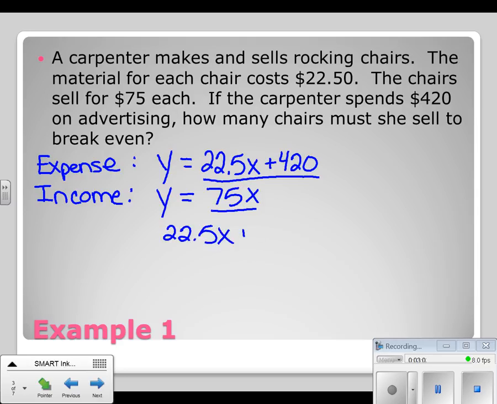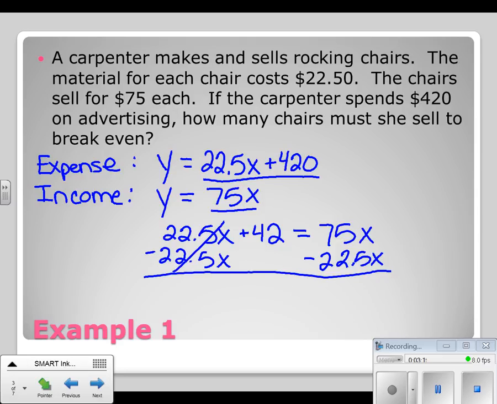So we have 22.5x plus 420 equals 75x. I'm going to start by subtracting 22.5x from both sides. That simplifies to 0, so I'm left with 420. We're left with 420 equals 52.5x.